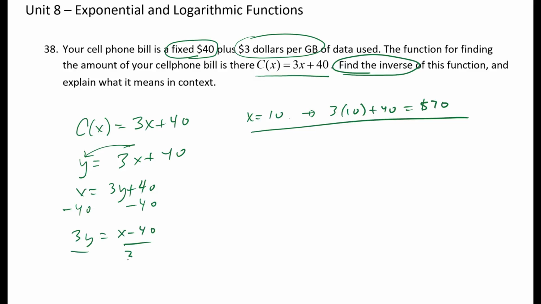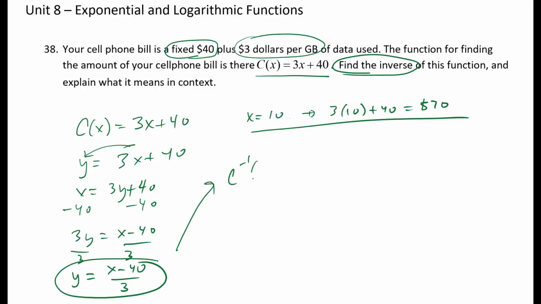And then we have to divide both sides by 3. So y equals x minus 40 all over 3. And then we'll replace that with the right label. C inverse equals x minus 40 over 3.